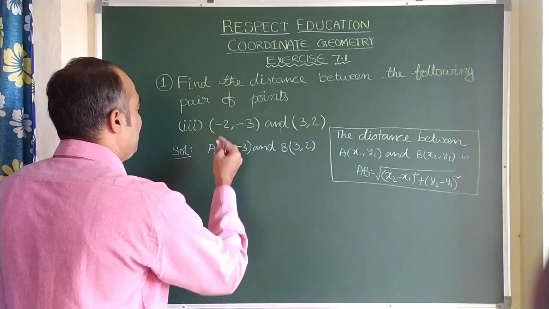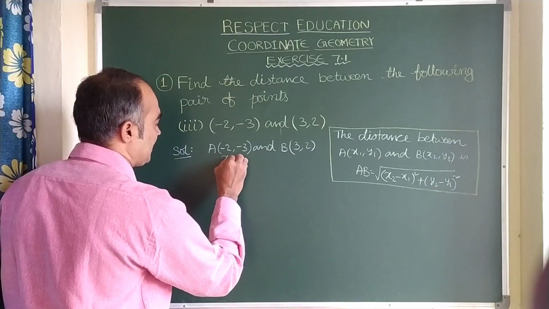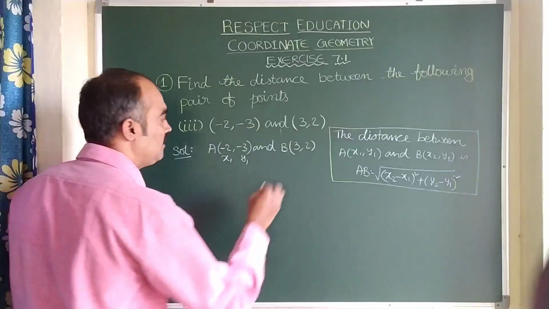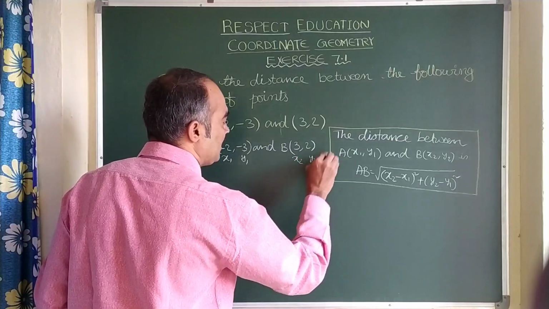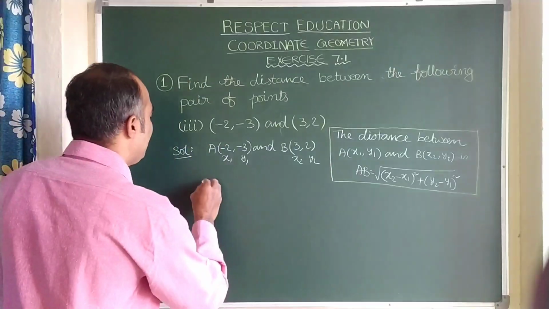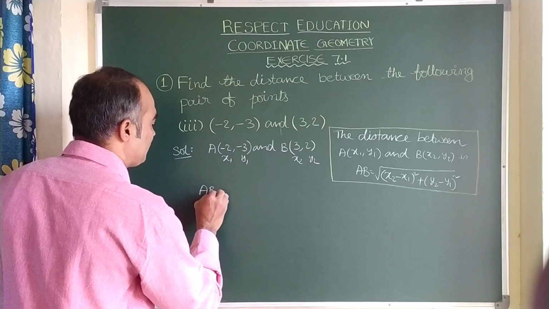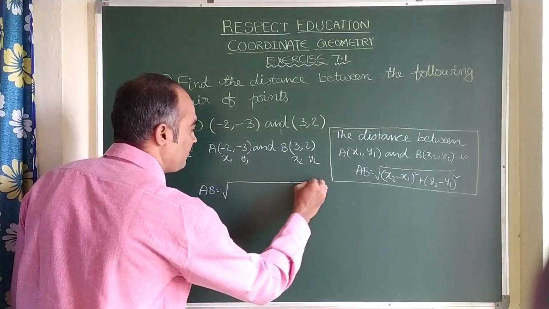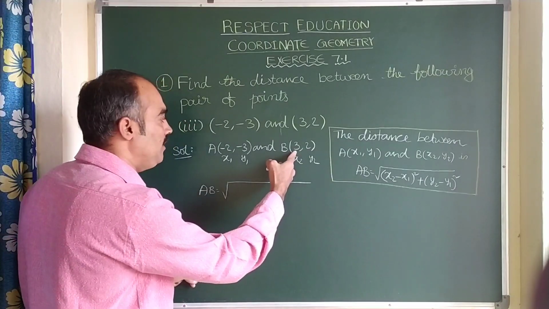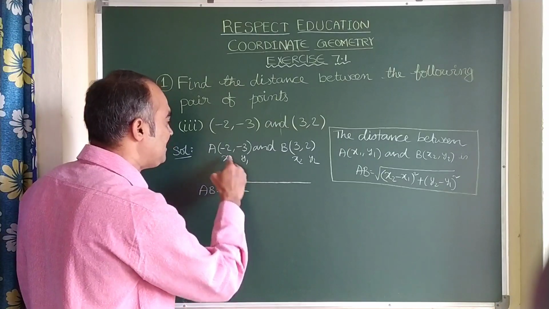Based on this formula, we solve this problem. Right? Here you can label them as this as x1, this as y1, this is x2 and then y2. Now here AB is equal to under root x2 means 3 minus x1.